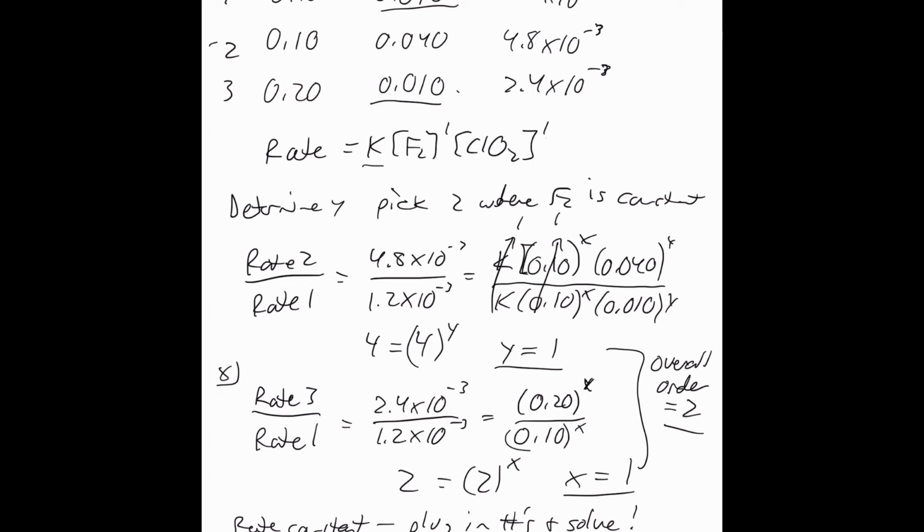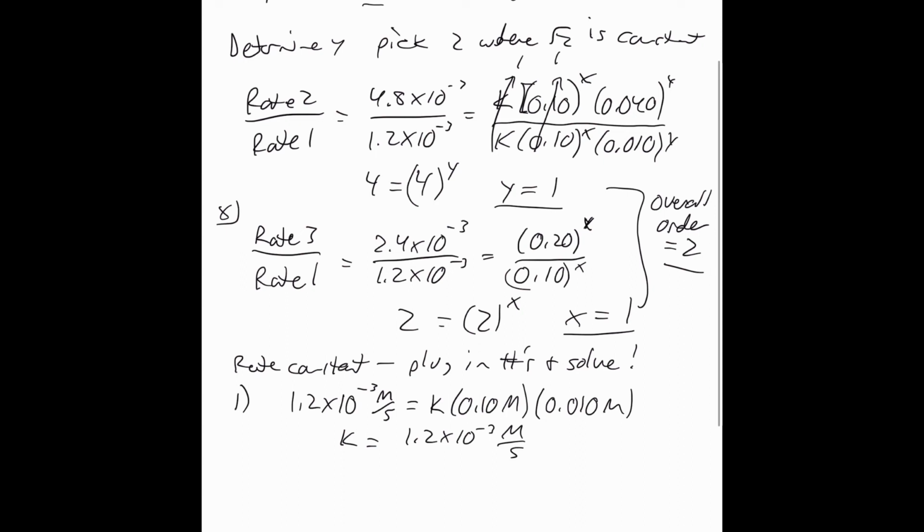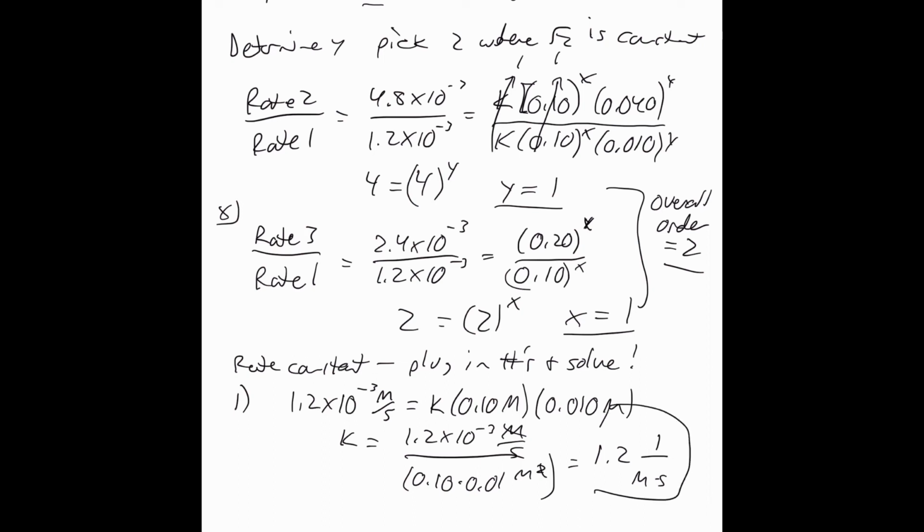And so when we just rearrange this expression, so we have 1.2 times 10 to the minus 3 molar per second divided by 0.1 times 0.01 molar squared, so that's 0.01. That's going to cancel, and we end up with 1.2, and then the units are 1 over molar seconds. And that is our rate constant, determined from reaction 1.